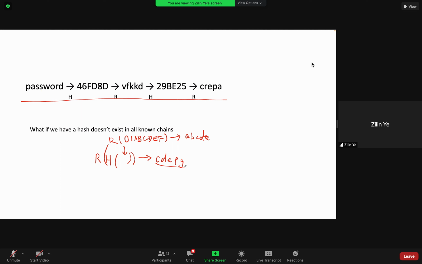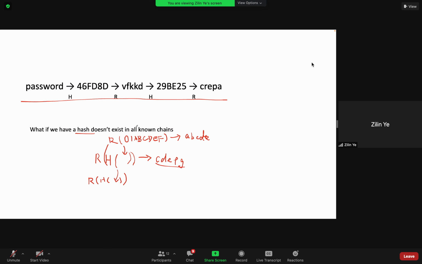When should I stop doing this recursive reduce and hash operation? I can continue doing this forever, but at what point do I know this hash doesn't exist in any of the known chains?